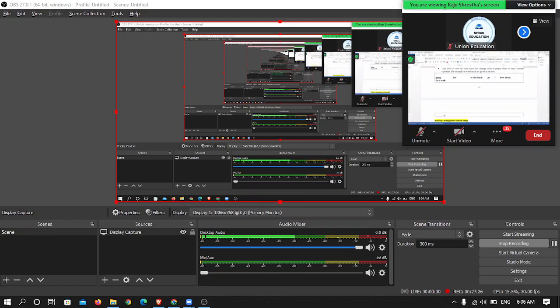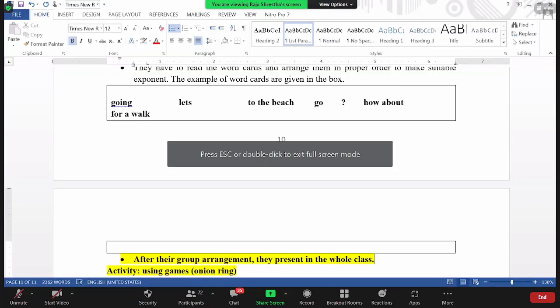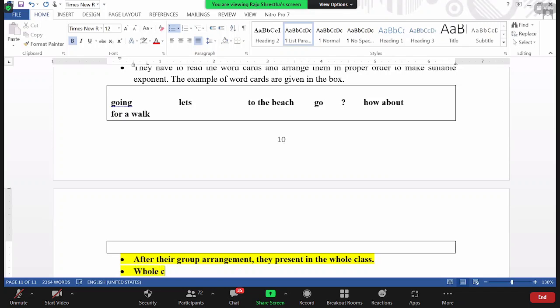Then after their group arrangement, they present in the whole class, and whole class discussion can be made about the possible structures.